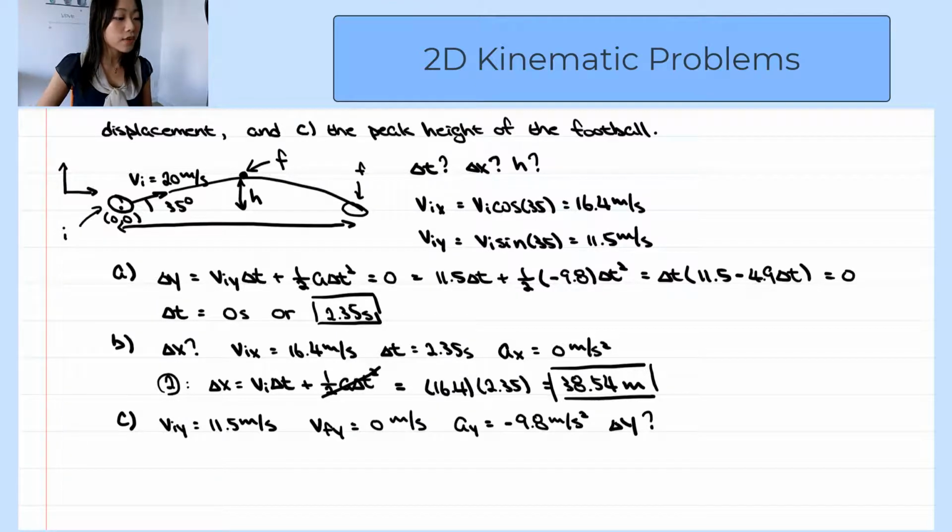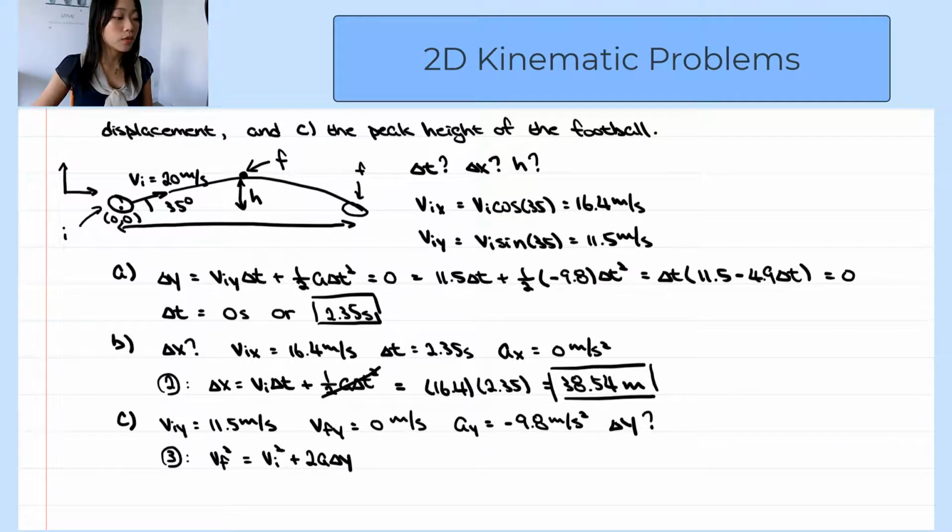So let's look at the four equations. We don't have delta t, so equations 1, 2, and 4 are not the equations we're going to use. So let's use equation 3. Final velocity squared equals initial velocity squared plus 2 times acceleration times delta y.